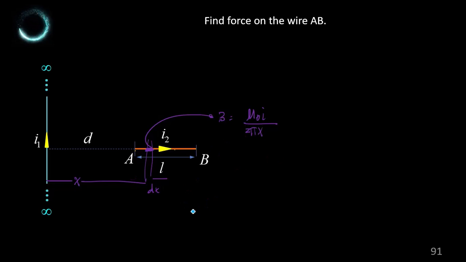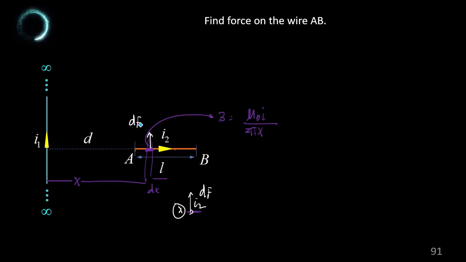Okay? On this small element of length dx, the current I2 is flowing, and it is placed under the magnetic field. The magnetic field is cross. L cross B, force is upward. So dF is the small force acting on the small element, dF in the upward direction.